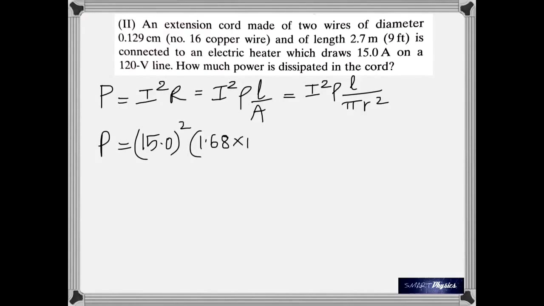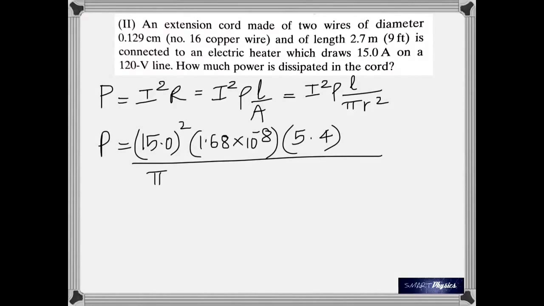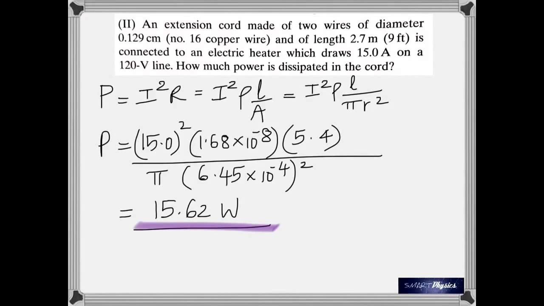Resistivity of copper is 1.68 times 10 to the negative 8. Length, because there are two wires, is 2.7 times 2, that's 5.4. Pi R squared. Remember that it's the diameter that's given, so you've got to take half of that, change into meter. When you do all that, you get the answer 15.62 watts.